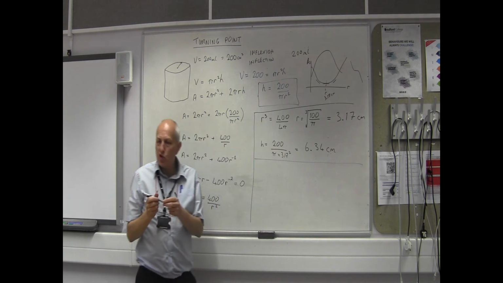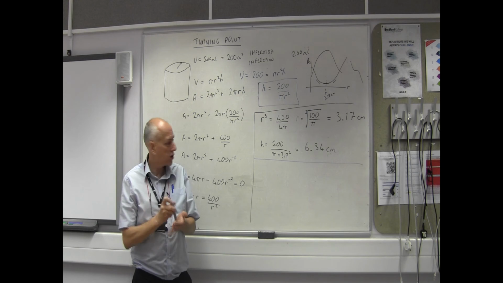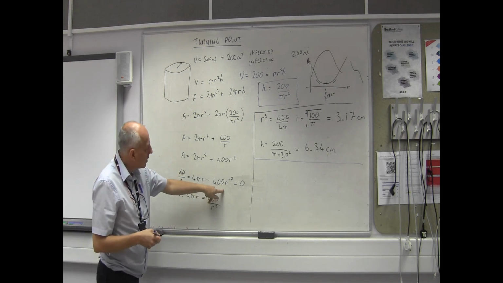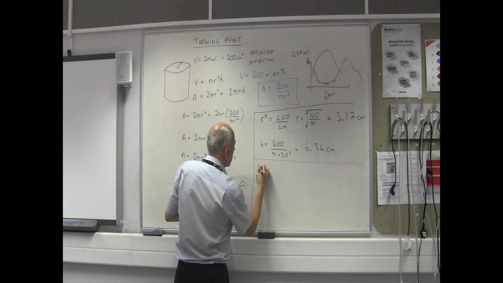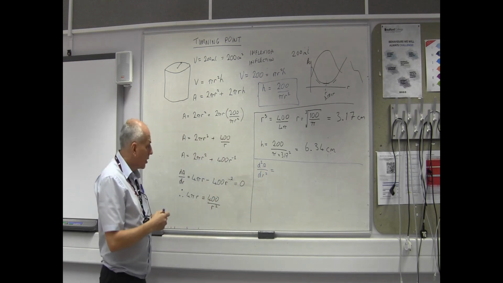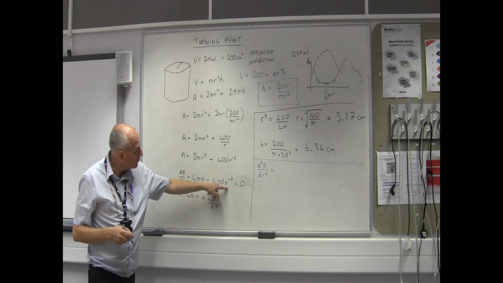is what we've just done earlier, double differentiation. Double differentiation has another use. So if I differentiate this again, we'll get an answer. So d2A/dr squared equals, so what happens if I differentiate this again?